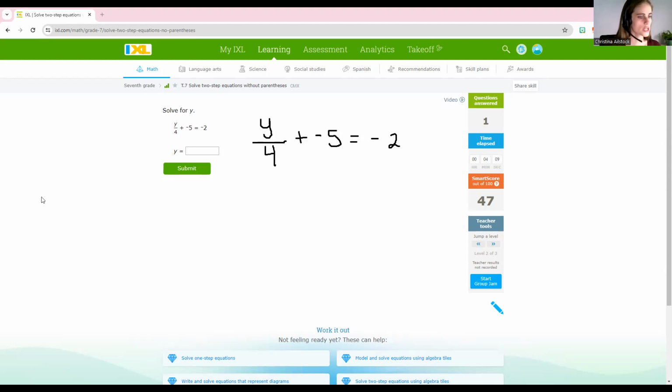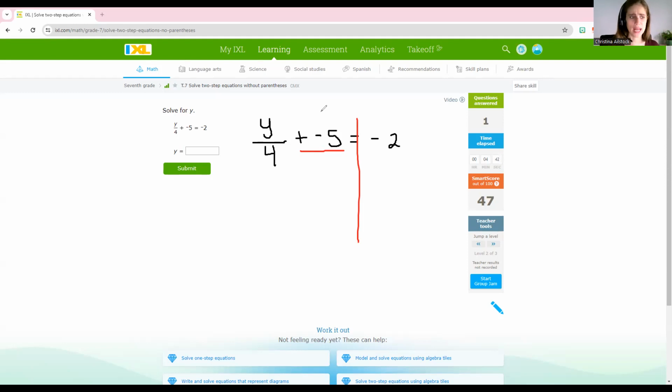So when we solve this equation, we are trying to get y by itself, and I need to deal with any addition or subtraction first. And I see that I'm adding a -5. So I'm adding, but I'm adding a -5. If we're trying to undo this, that means we're trying to get it to equal 0. We're trying to get it to disappear. And in math, when something disappears, it equals 0, so we take it from the left and move it on over to the right.